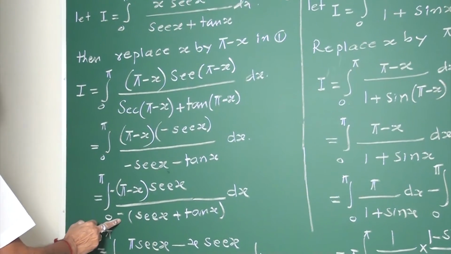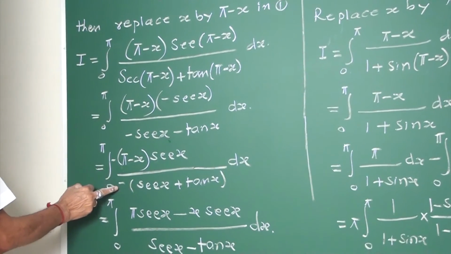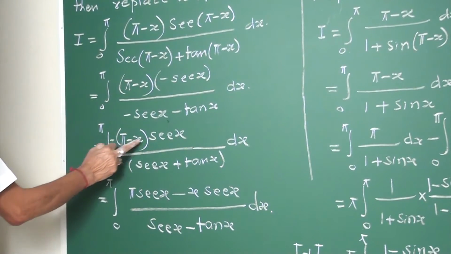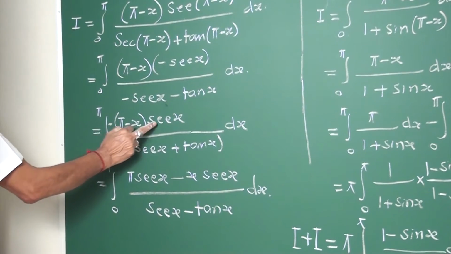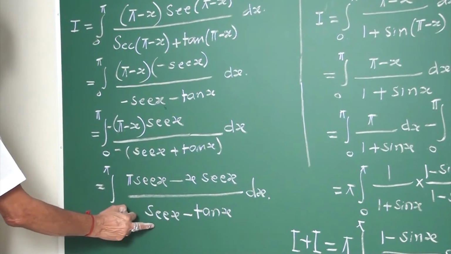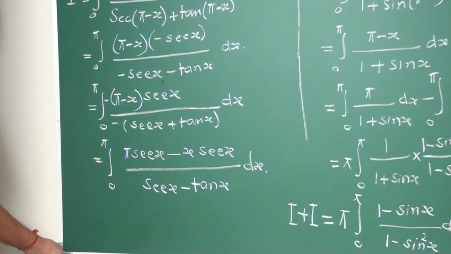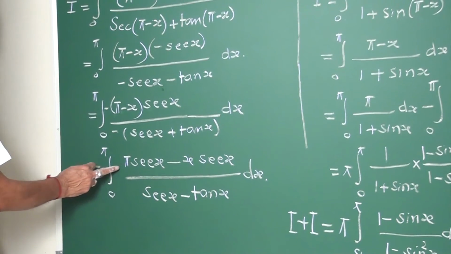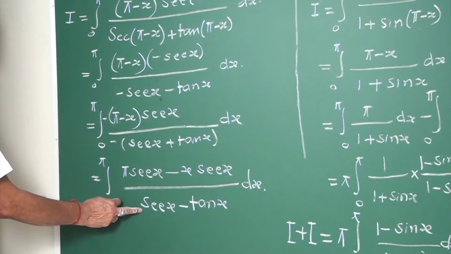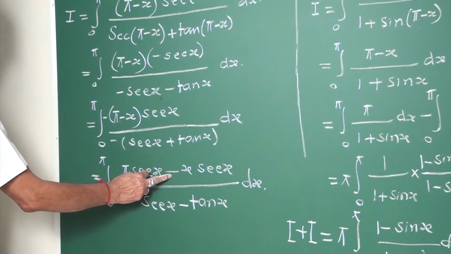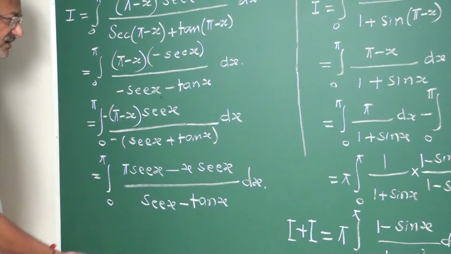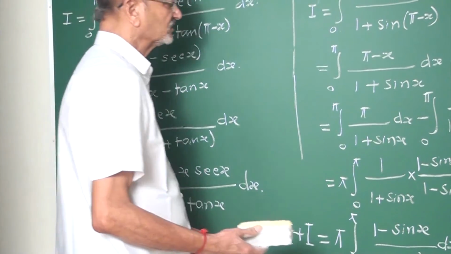Minus, this minus is taken out. Minus upon minus is plus. Pi sec x minus x sec x upon the denominator. Then you write two integrals: pi definite integral sec x upon sec x minus tan x, minus integral x sec x upon this. Write two definite integrals.